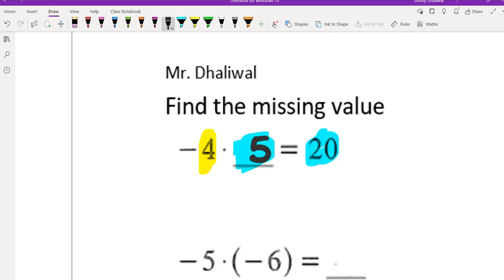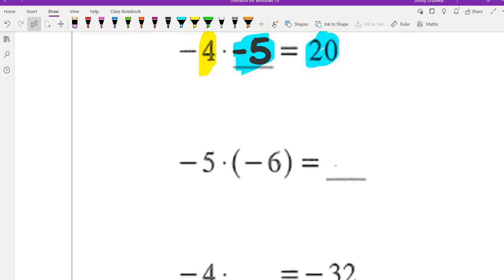If we want this multiplication to give us a positive number, we have -4, and it has to be -5. These two negatives make a positive. Is that okay? Have you guys done this before? Yeah, some of you guys again? All right. Next up.